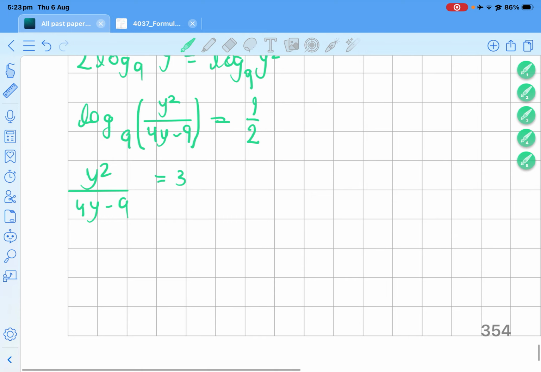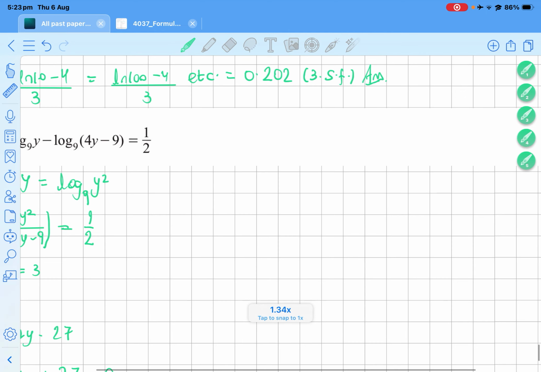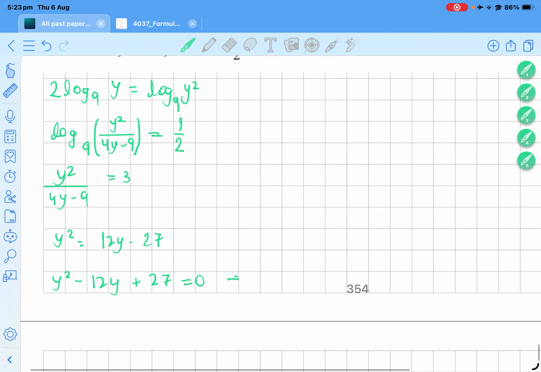So y squared is equal to 12y minus 27. So y squared minus 12y plus 27 is equal to 0. So you can find the two values of y. I'm going to use my calculator, but you can also factorize and find the values yourself. So y is 3 or y is 9.